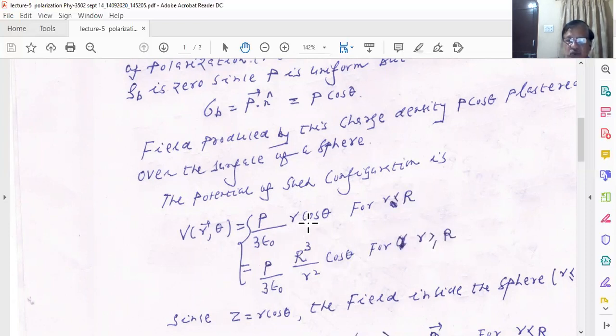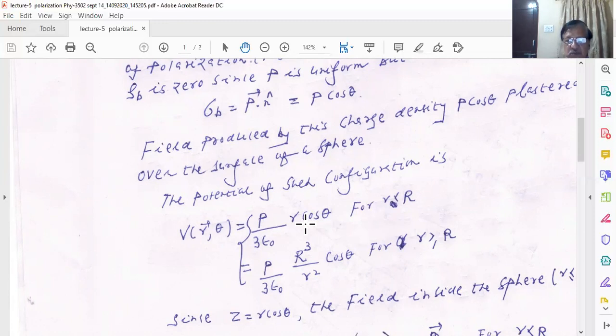These two expressions are derived in your textbook, and that is given in chapter number 3, right? This chapter is the calculations for the potential. And this particular chapter we have included in semester number 5 of your syllabus.